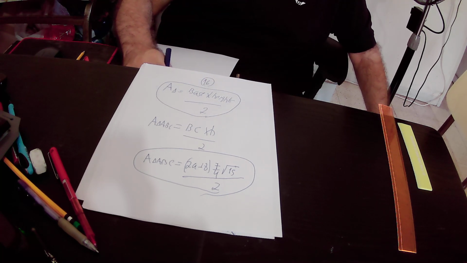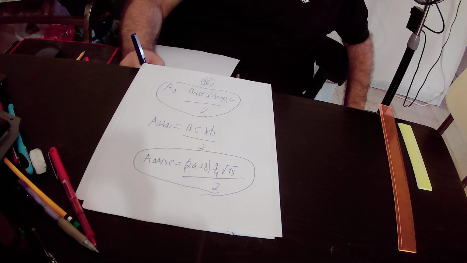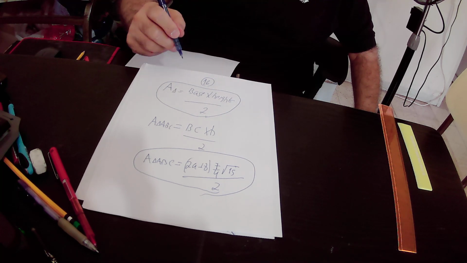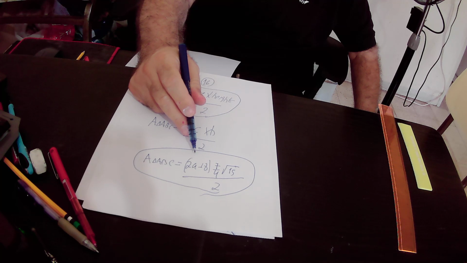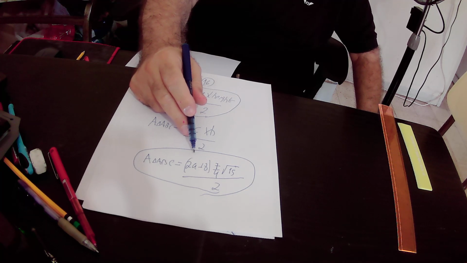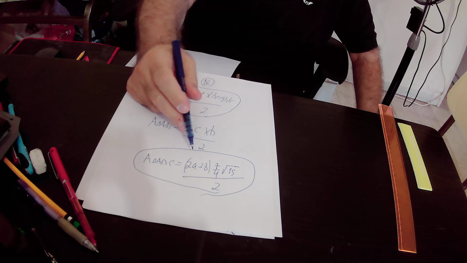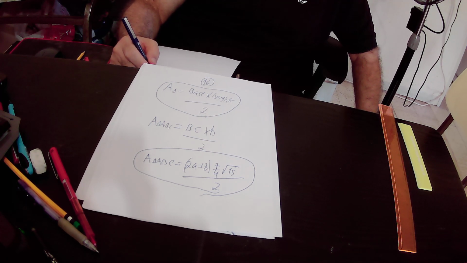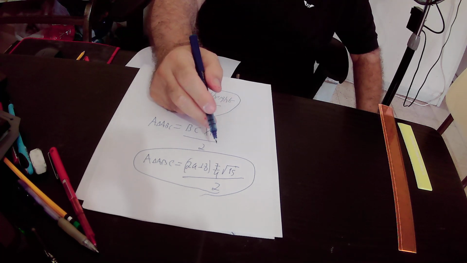And we will get that the area of triangle ABC equals 2 times a. a equals 17 over 4. So 2 times 17 over 4 is 17 over 2, plus 8, times 7 over 4 times root 15.